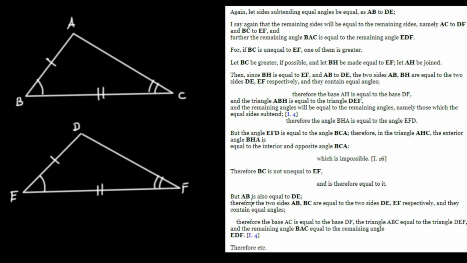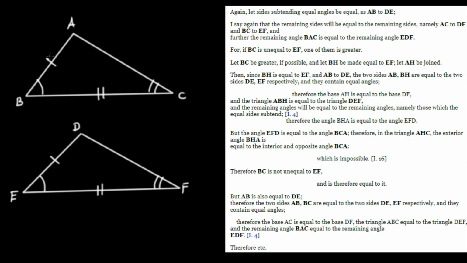But AB is also equal to DE. Therefore, the two sides AB and BC are equal to the two sides DE and EF respectively, and they contain equal angles, namely this angle here at B, this angle here at E.